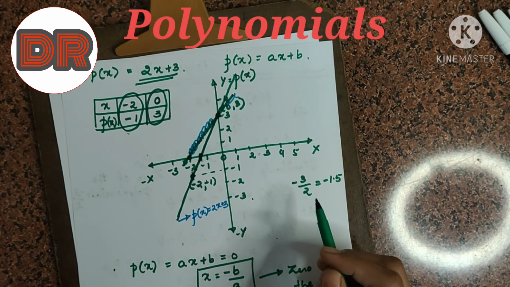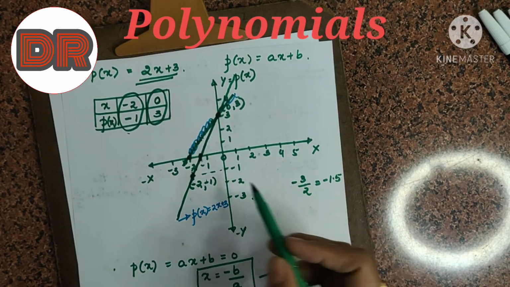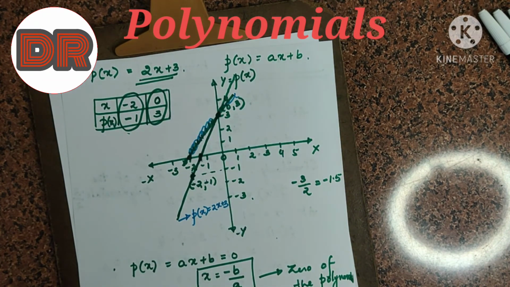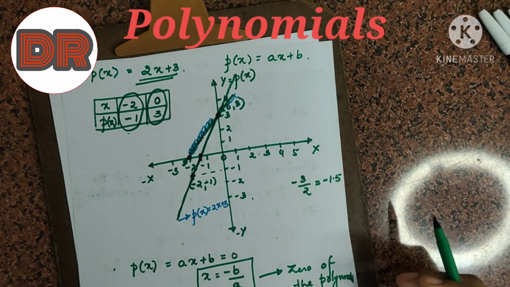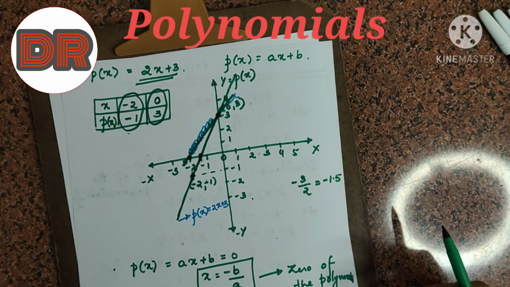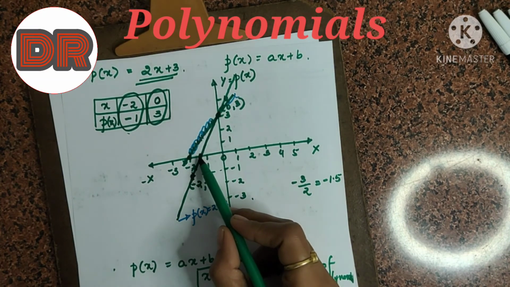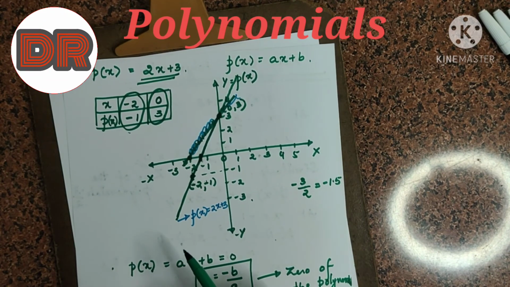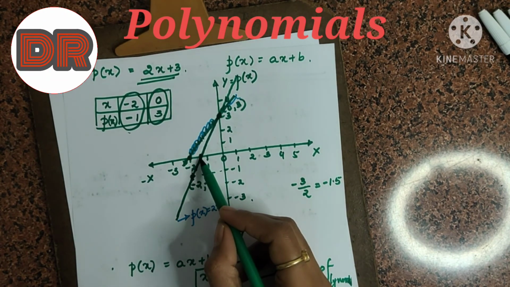So you can now define the zero of the polynomial as the point of intersection of the linear polynomial with the x-axis. This is the graphical representation of the zero of a linear polynomial. I'll repeat it: the zero of a linear polynomial is the point of intersection of the polynomial's straight line with the x-axis.